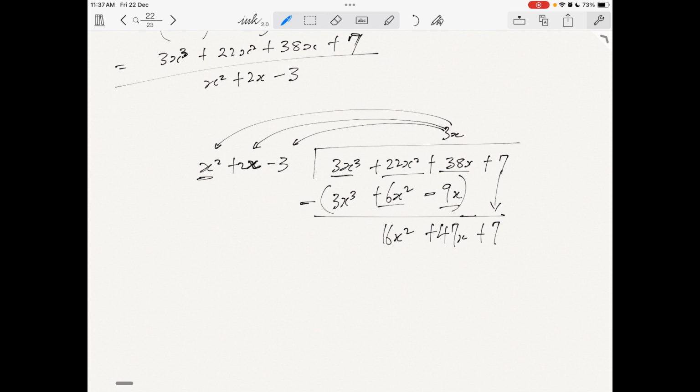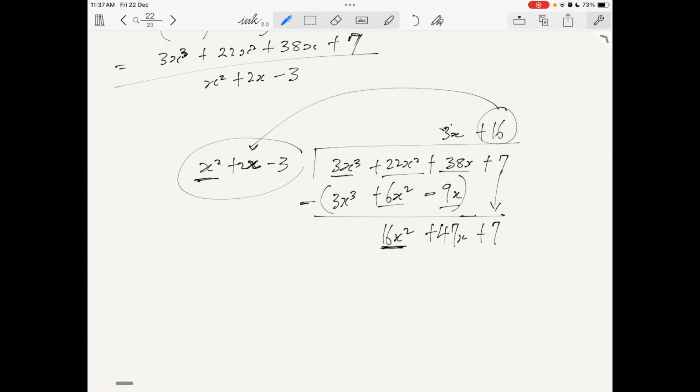Now this first term here is still divisible by the first term of the divisor, so we can perform the process again. 16x squared divided by x squared will give us plus 16. After that, we multiply the whole of the divisor by plus 16, then perform our subtraction again.